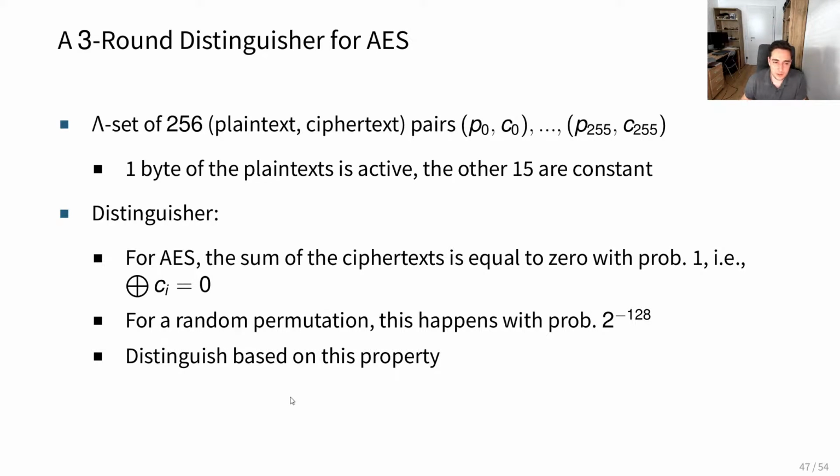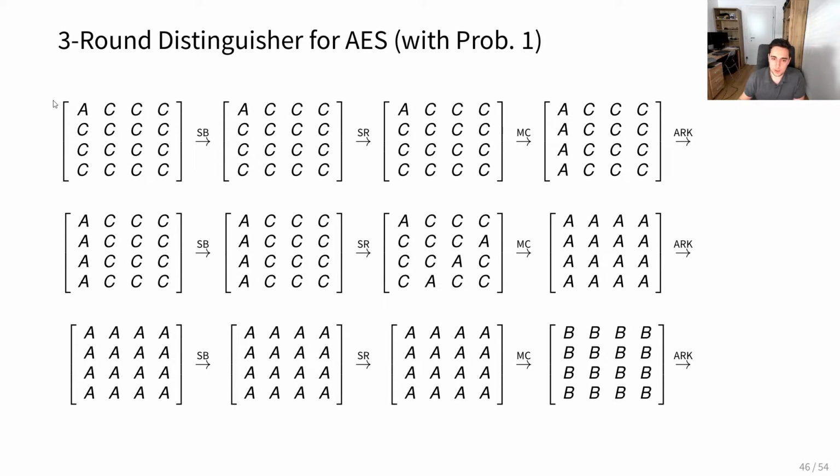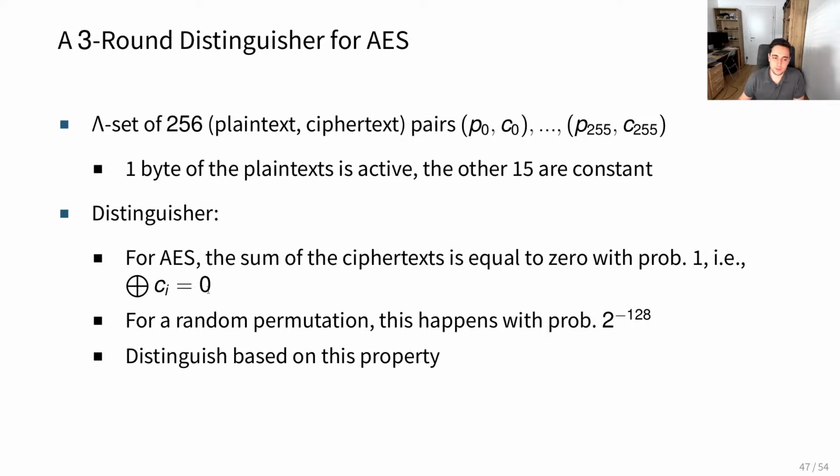Then if we have the AES, more specifically 3-round AES, the sum of the ciphertexts we receive is equal to 0 with probability 1, because we know this mapping holds. We sum all of these 256 ciphertexts, and the probability is 1 that we have a sum of 0.